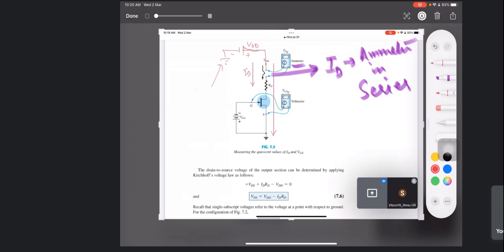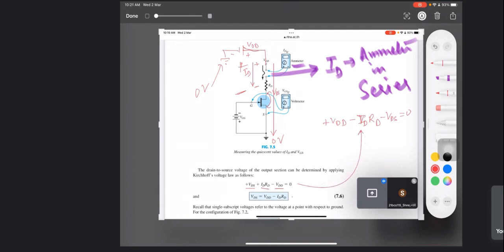I'll start from ground and end up at ground. So I find plus VDS plus IDRD minus VDD is equal to 0. Or starting from minus to plus, plus VDD, then plus to minus, current flows from higher potential to lower potential, so minus IDRD, and the drop across this is VDS, so minus VDS is equal to 0.